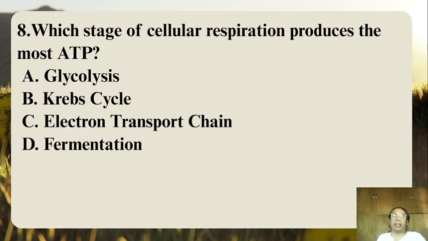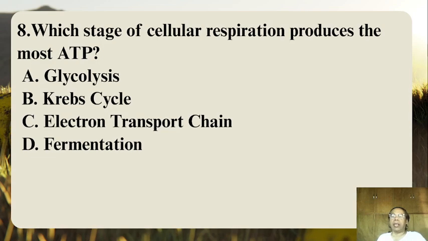hydrogen. Number 8. Which stage of cellular respiration produces the most ATP? Letter A, glycolysis. Letter B, Krebs cycle. Letter C, electron transport chain.